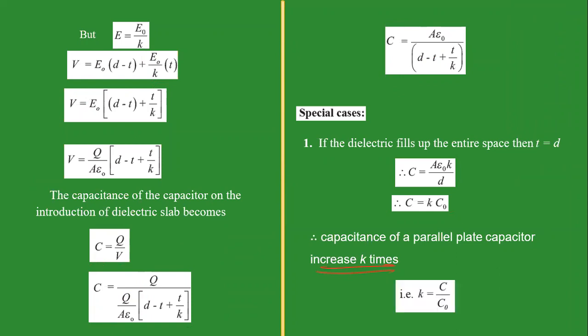Or you can write a formula for the dielectric constant. Dielectric constant is given by the formula: capacity with dielectric divided by capacity without dielectric. So this formula gives the dielectric constant.